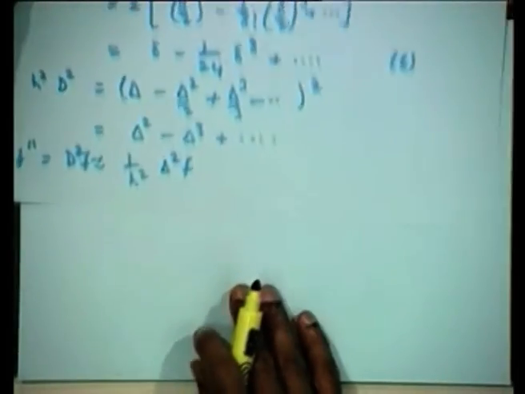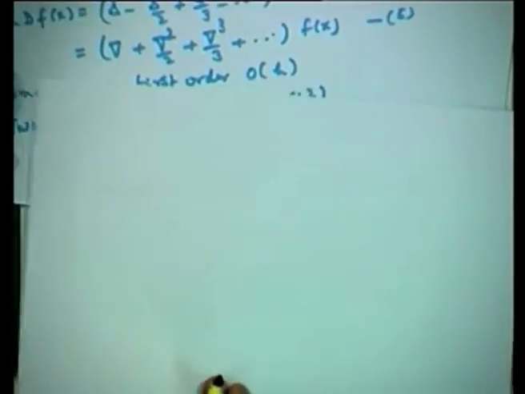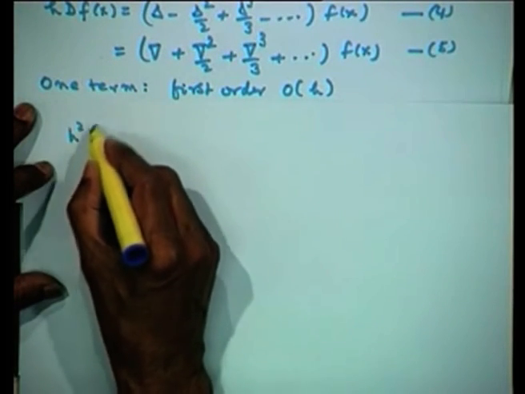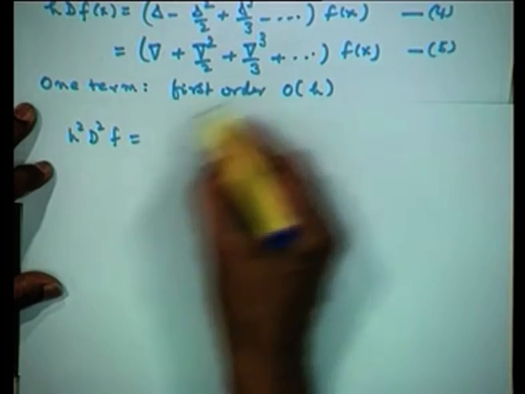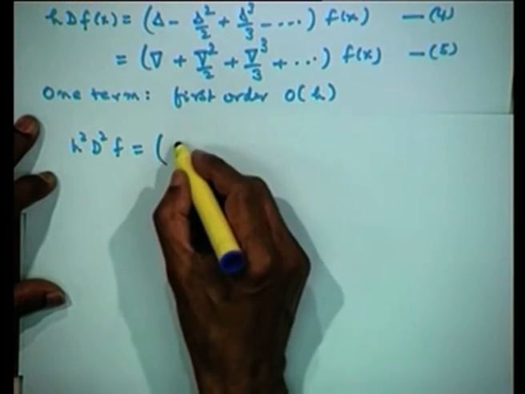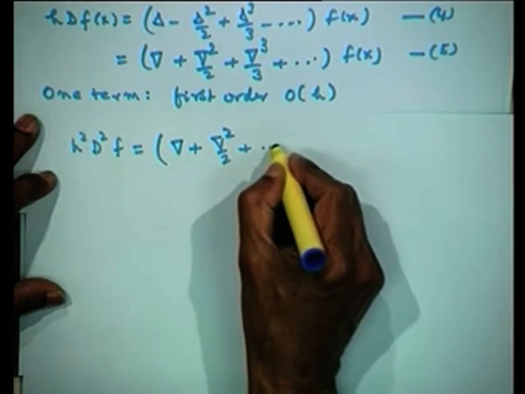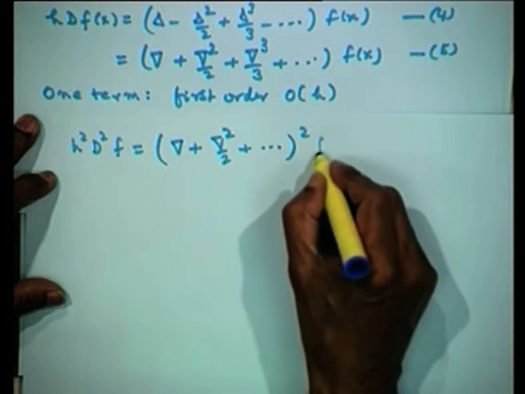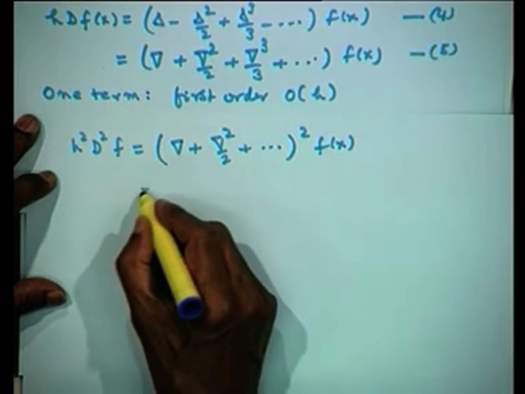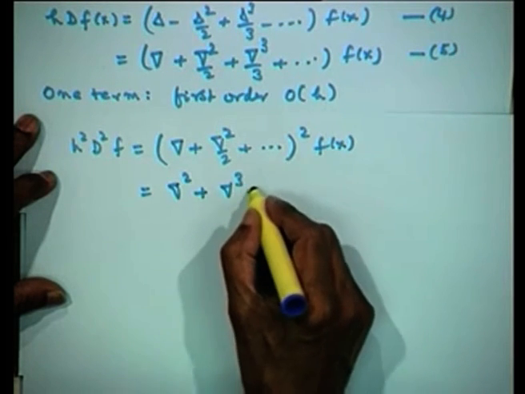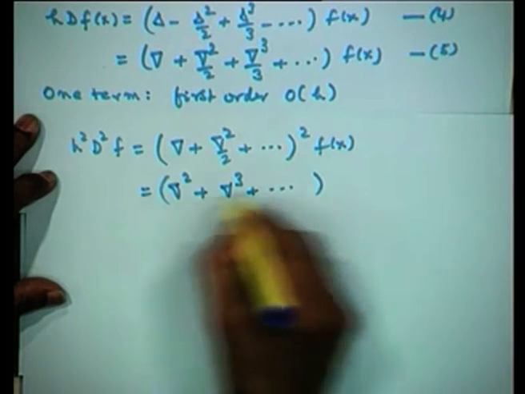Now, I can similarly use the backward differences, just as I have done here. I can use the backward difference: h square d square of f will be the square of this backward difference, delta squared by 2, whole squared of f x. Therefore, this will be delta squared plus delta cubed and so on, of f x.